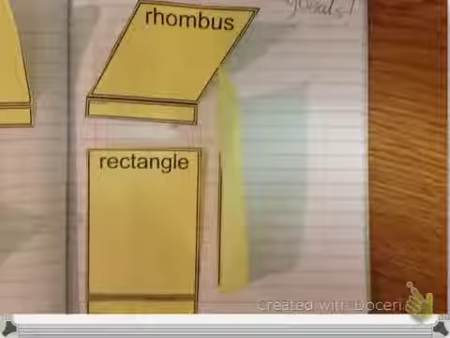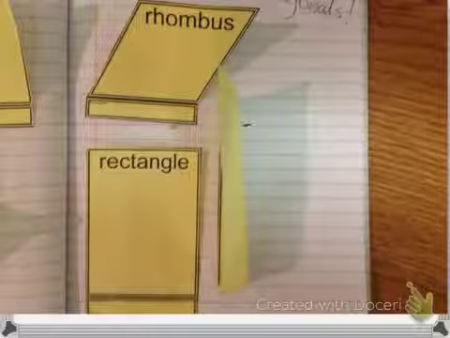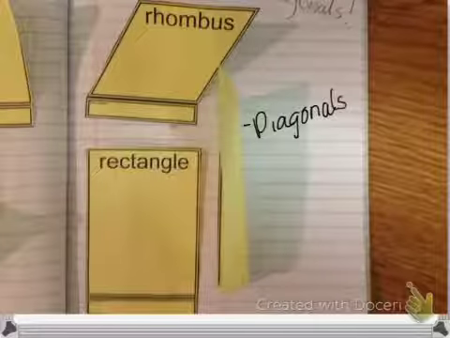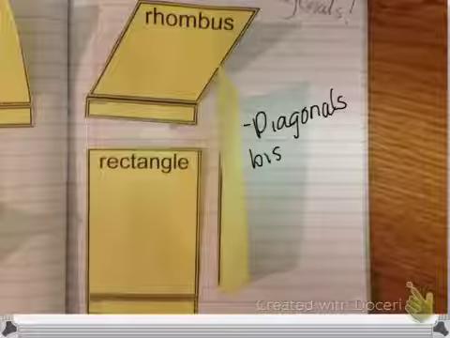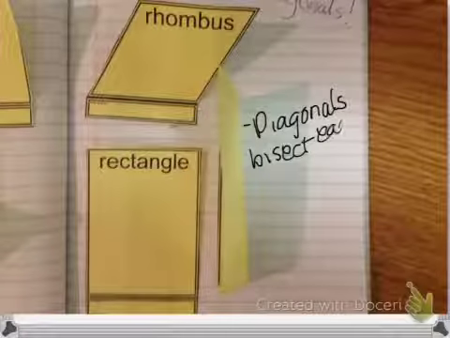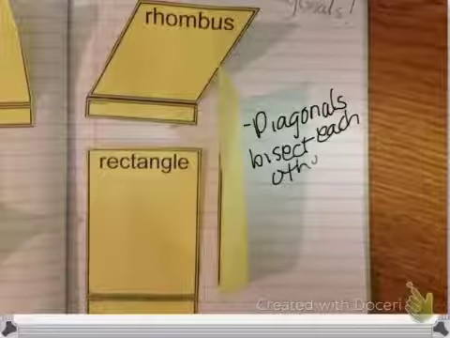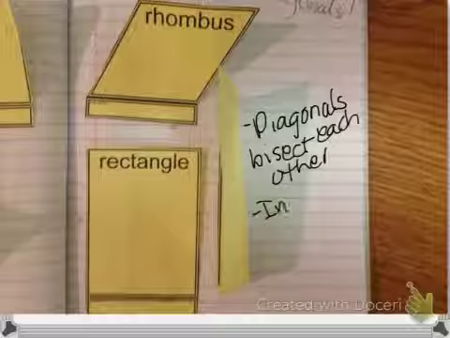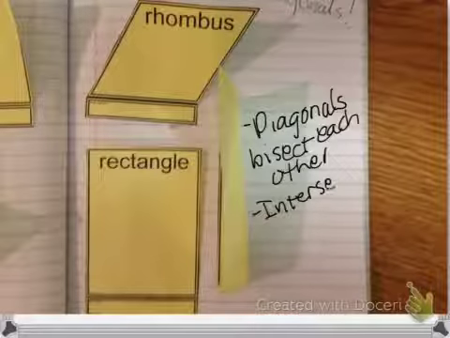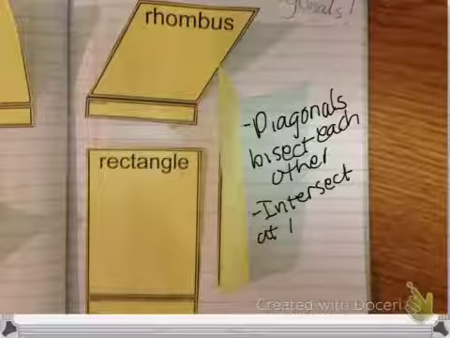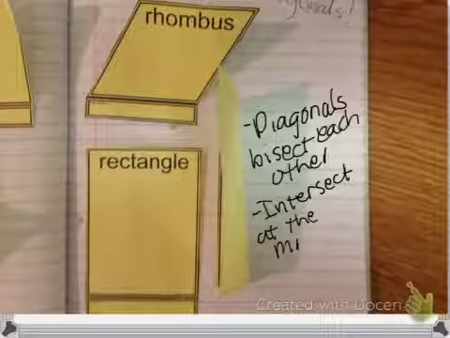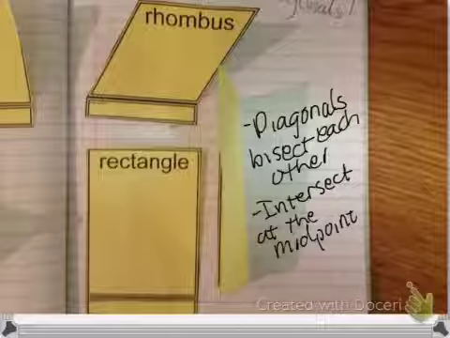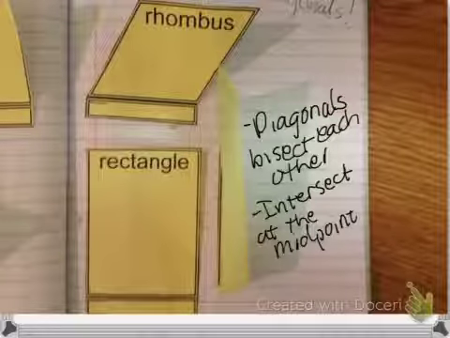We already drew them on there and talked about them, but underneath I want you to actually write what the properties are. The diagonals in a parallelogram bisect each other. So if the diagonals bisect each other, that means they intersect at the midpoint. It's really important that you remember those two things about the diagonals of a parallelogram.